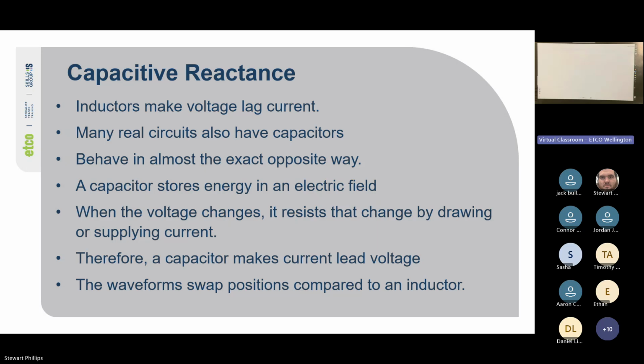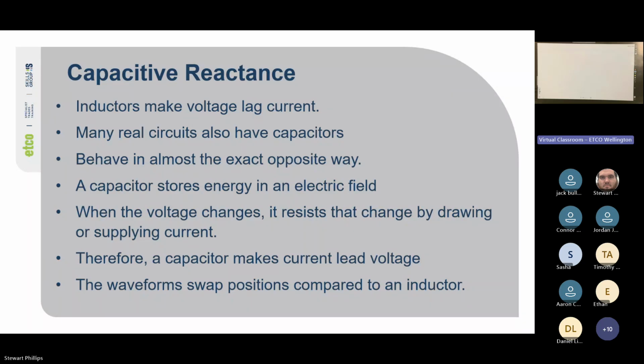So a capacitive reactance has the opposite effect to what an inductor has. Where an inductor resists the change in current flow, as soon as the current level starts to drop, the capacitor draws more current from the supply depending on what way the voltage is going.